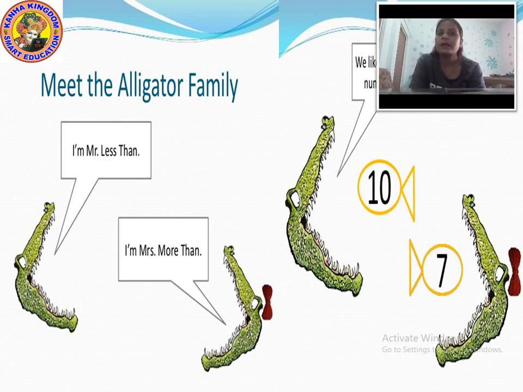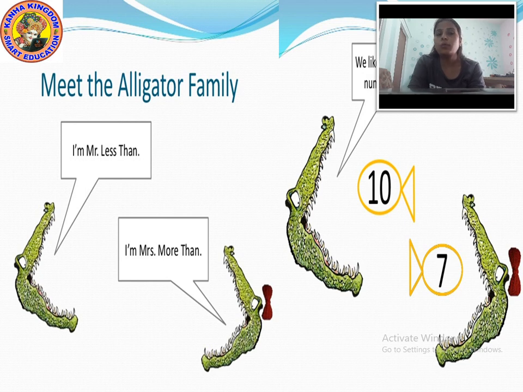If the thing is less, then they will not eat. They like to eat only the things which are more, and the number which is more. Less numbers they don't like to eat. So what did this less than do?